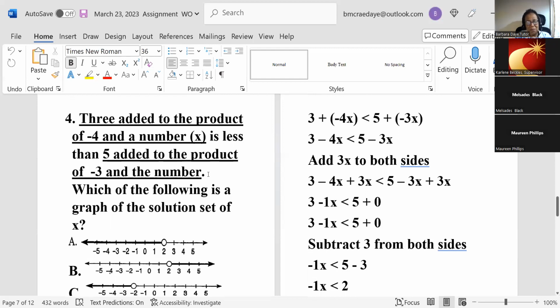And remember that one of your most valuable things is to recognize that when you say a product of two things, that's side by side. You don't have to put an asterisk, a dot, or parentheses, just put them side by side. And that's exactly what Maureen did. She said the product of a minus 4 and a number x is just minus 4x. Got it? Yes.